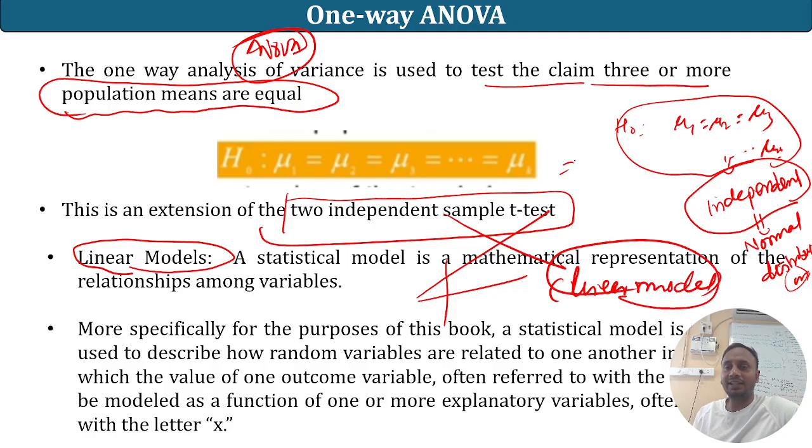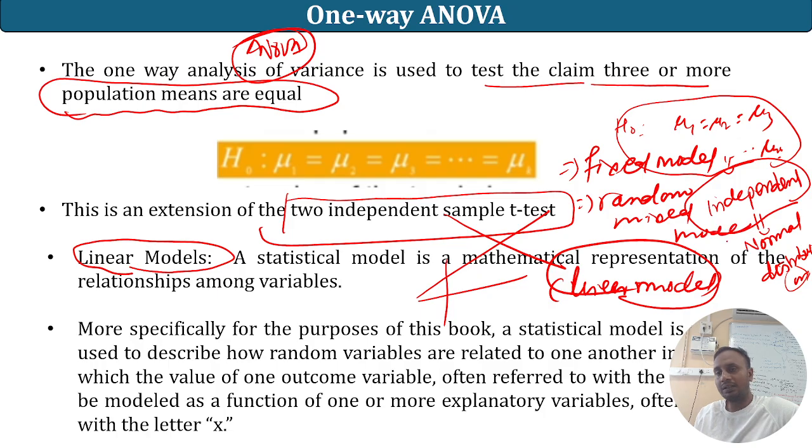In that case we have a fixed model, then we'll have the random and mixed models. For both cases we'll see some examples.